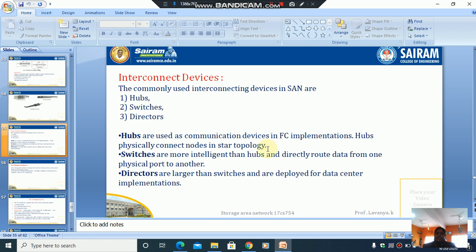And directors can be implemented in larger data centers than switches.